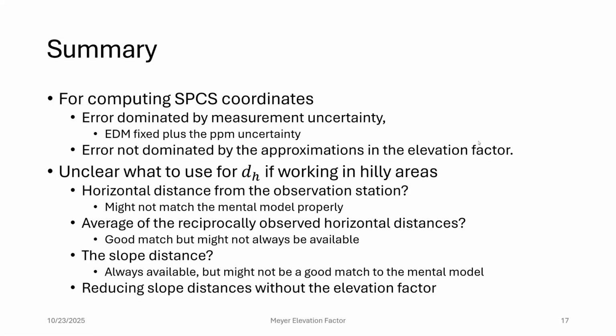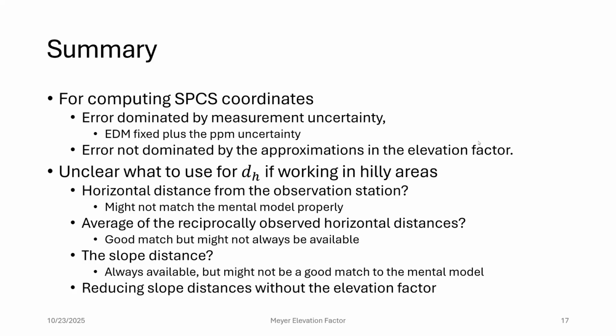All right, so in summary, when we're computing state plane coordinates and doing this reduction, the error in our final coordinates will not be dominated by this reduction. It's quite the opposite. This reduction is probably not going to introduce even a single millimeter. Remember that the results I showed you were for a line that was 1,000 meters long.